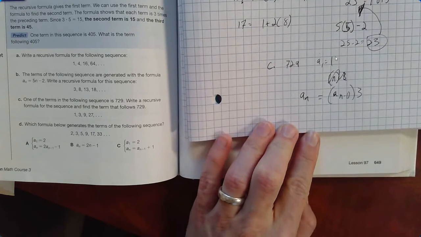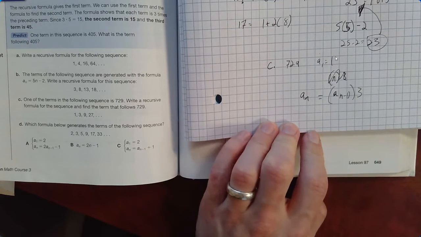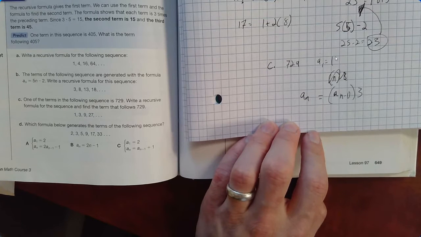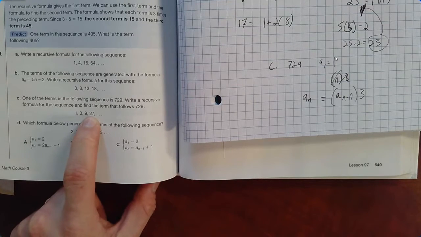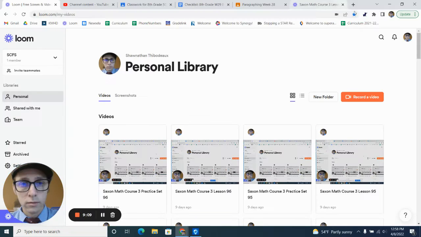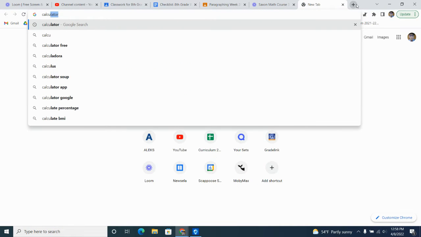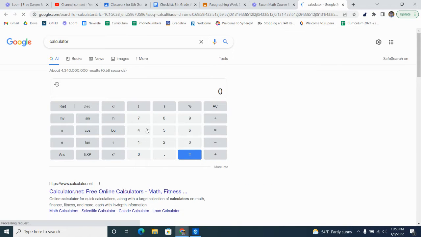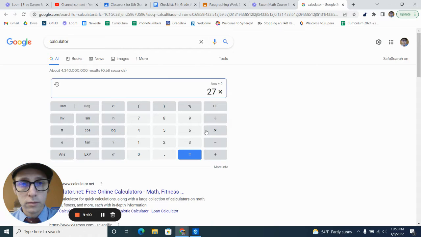So one of the terms of the sequence is 729. I guess just 27 times 3. I'm just going to do it this way. I'm sure there might be an easier way. 27 times 3 is 81.